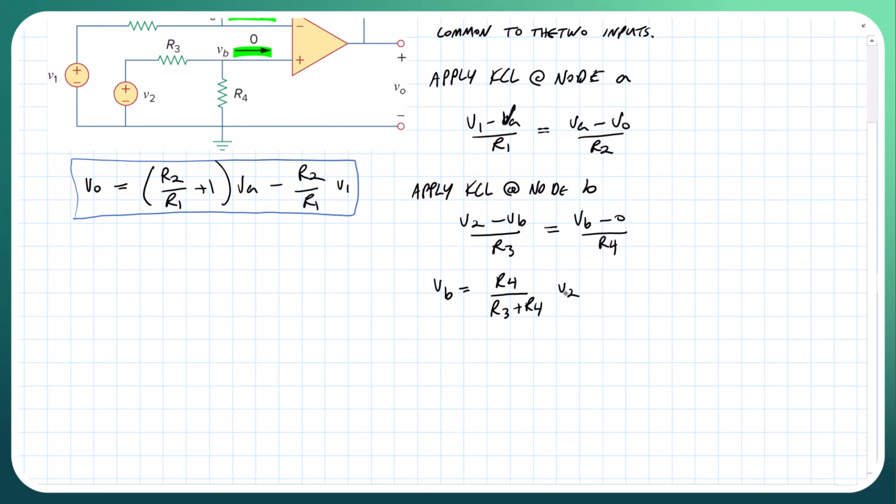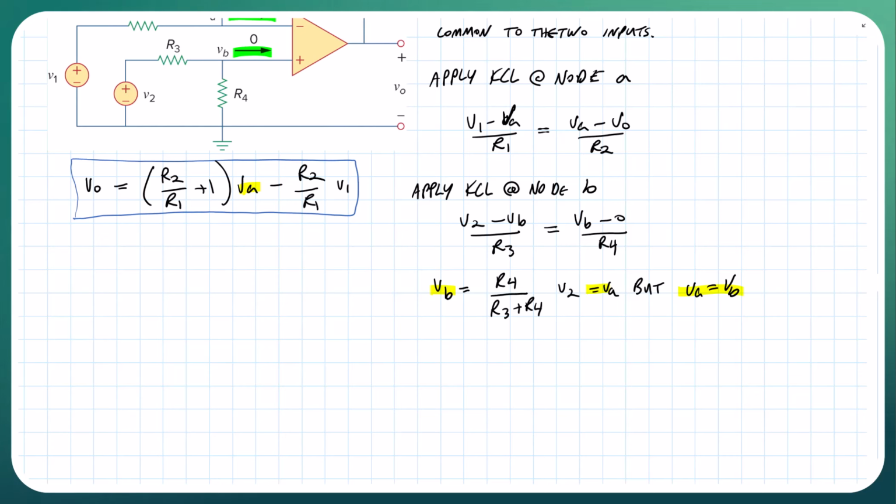But remember, VA equals VB, so this is really also VA. We can substitute that back into VA over here and rearrange the equation. Let's go ahead and do that on the side here.